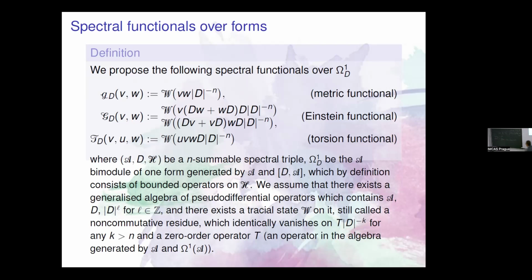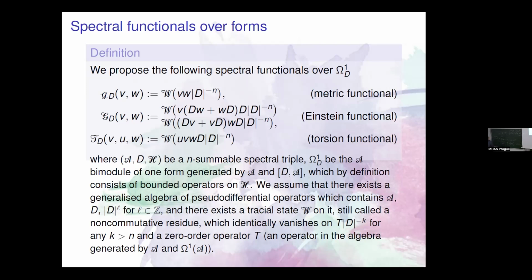And the differential forms, the bimodule of 1-forms over the algebra, is just the space of operators generated by a[D, b], where a and b are just elements of the algebra. So you take the linear combinations of commutators of D with elements of the algebra, with coefficients from the algebra.